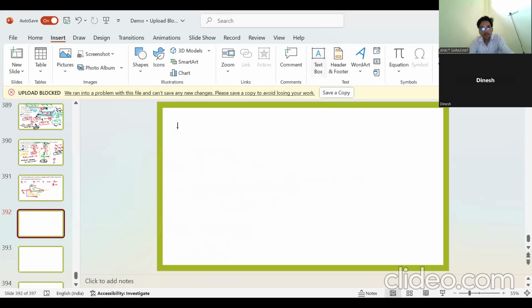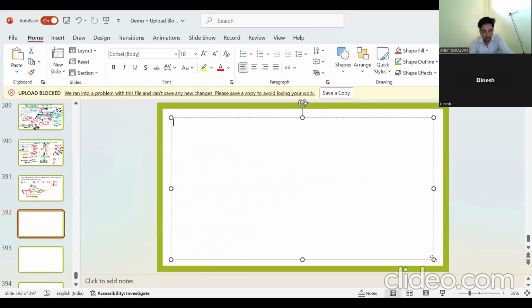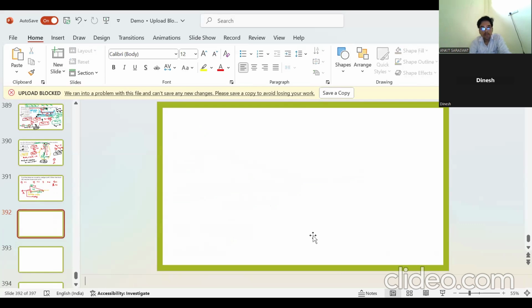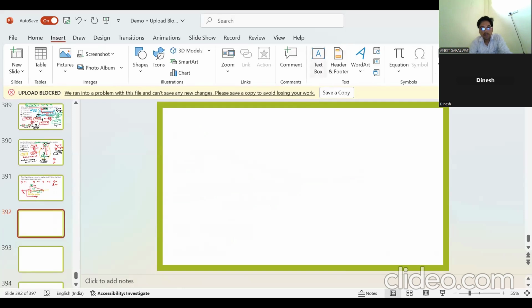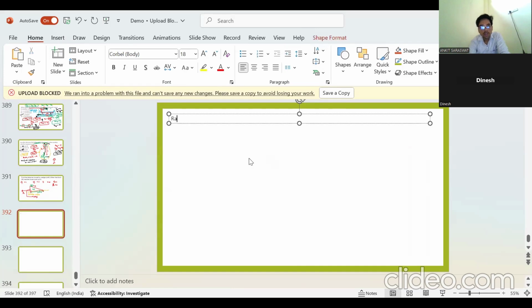Question is: Ramesh and Mahesh move to the center of the boat.